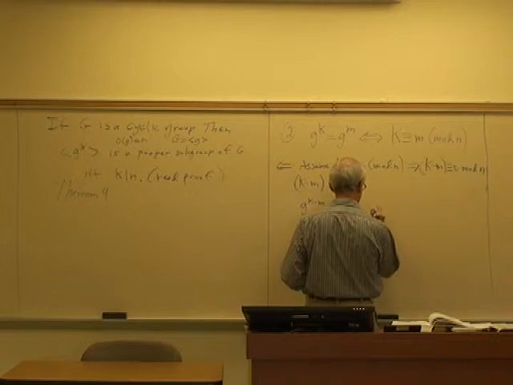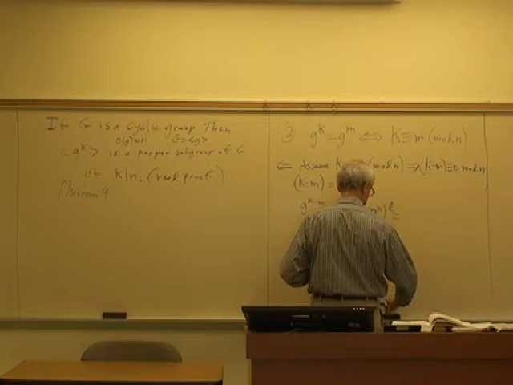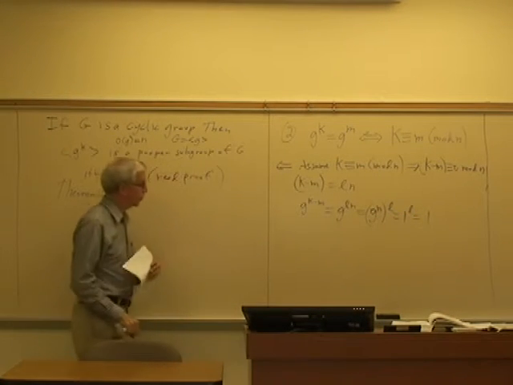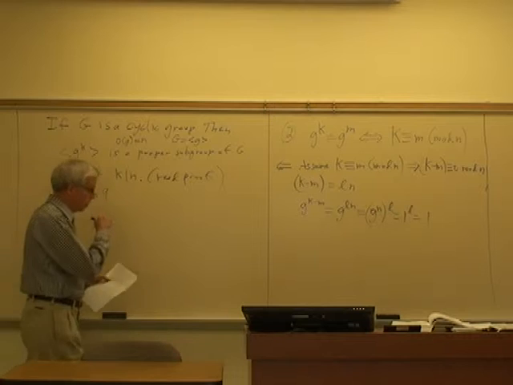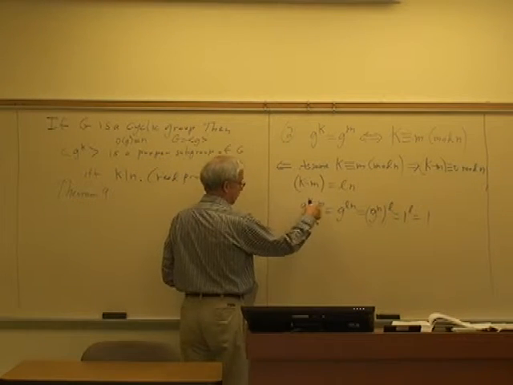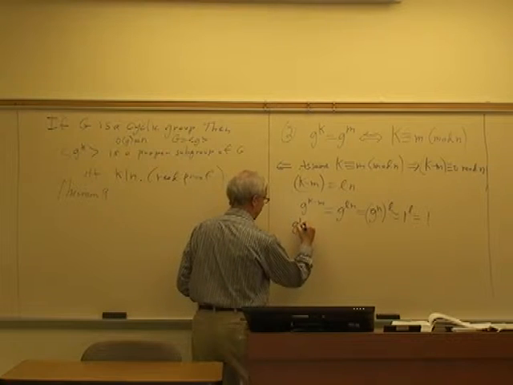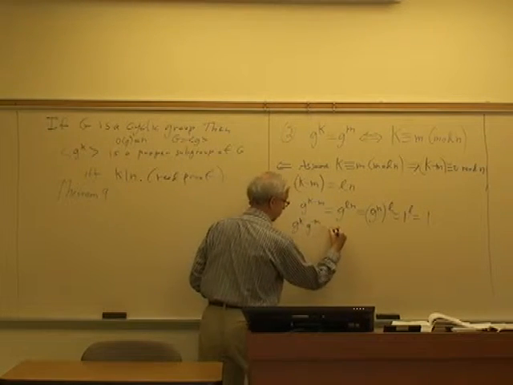That's g to the n to the L equals 1 to the L, which is 1, because n is the order of that element, the generator, right? But what does this mean? What is g to the k minus m? Well, that's g to the k times g to the minus m. Must be 1.